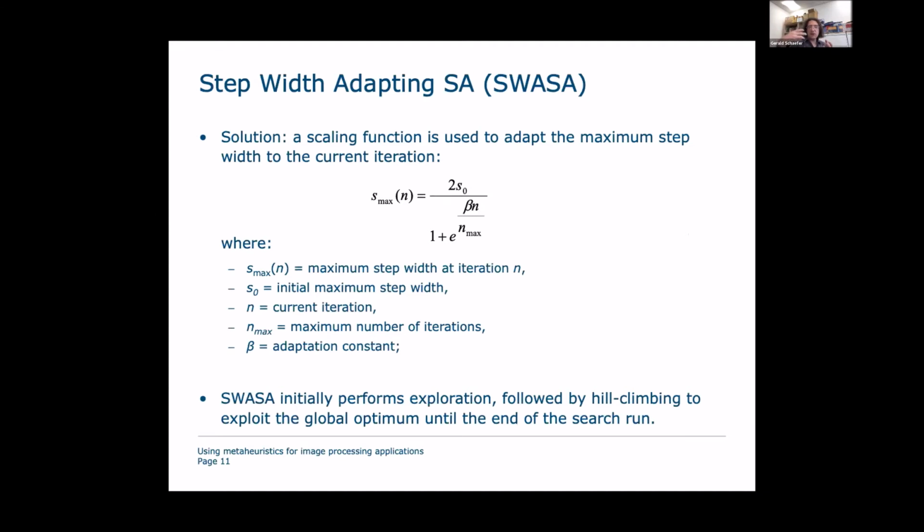That leads to a version of simulated annealing that first performs mainly exploration, and then focuses more and more on the hill climbing part to perform the exploitation stage better than standard simulated annealing. So the step width gets reduced as we move along during the algorithm.